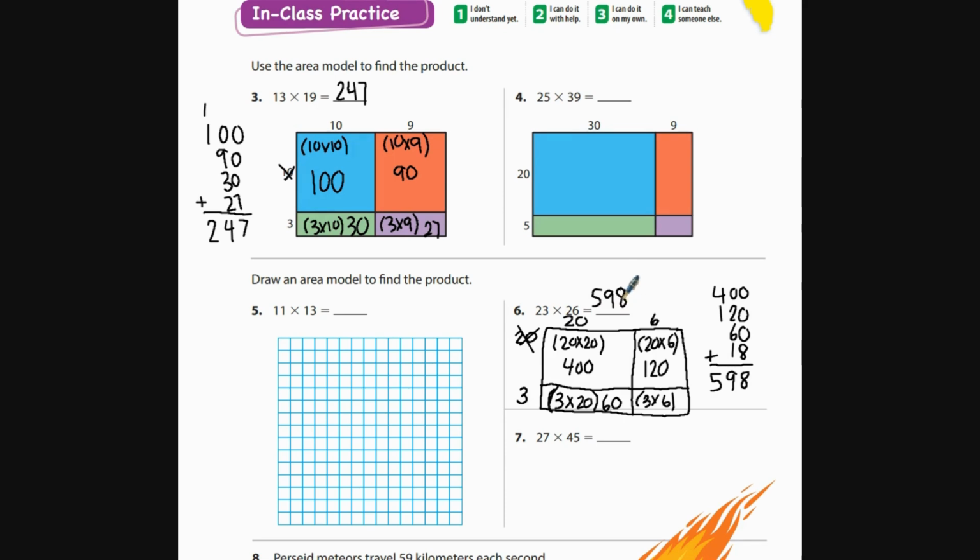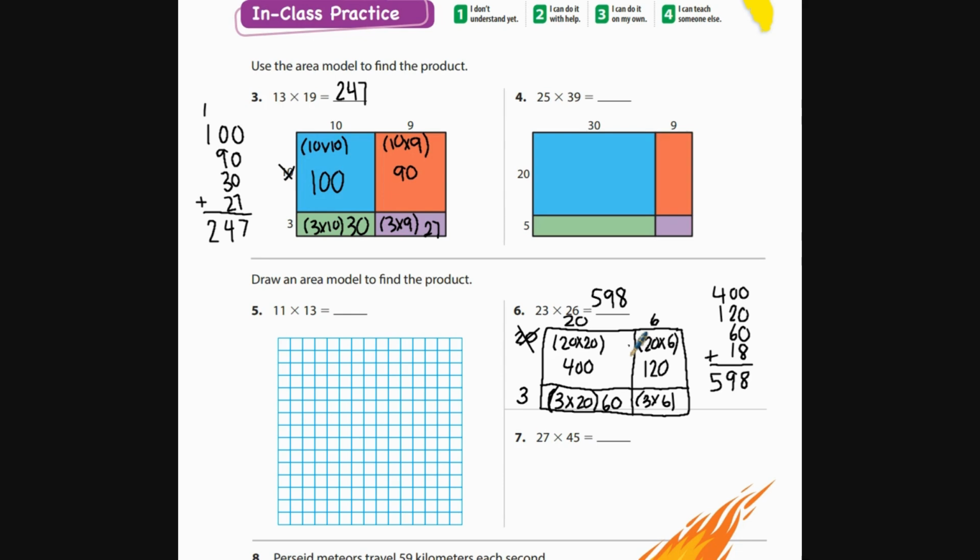598. Now, the only reason why you do need to know what you're multiplying, meaning the 20 times 20, the 20 times 6, is because when you are testing, they're going to ask you questions like, which one shows the distributive property of 23 times 26?